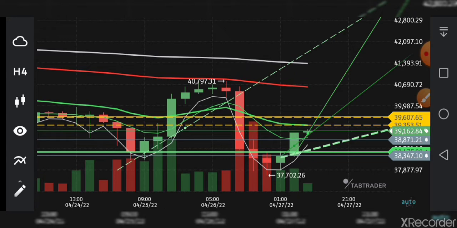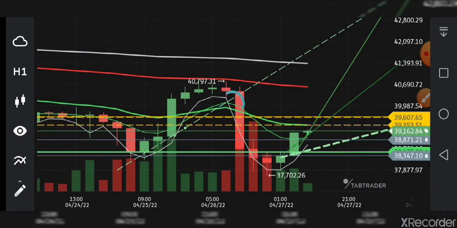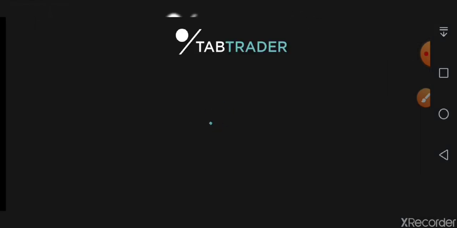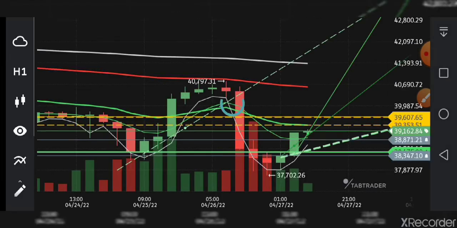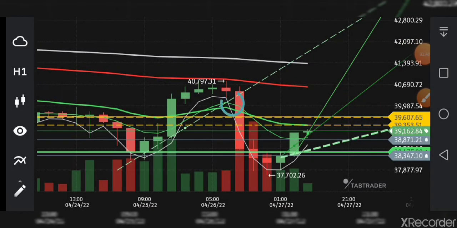So now you have to go to your next candle. We have done the 4 hours, so go to your 1 hour candle. It must also show you almost the same thing: a green candle opening above, and everything opening above.